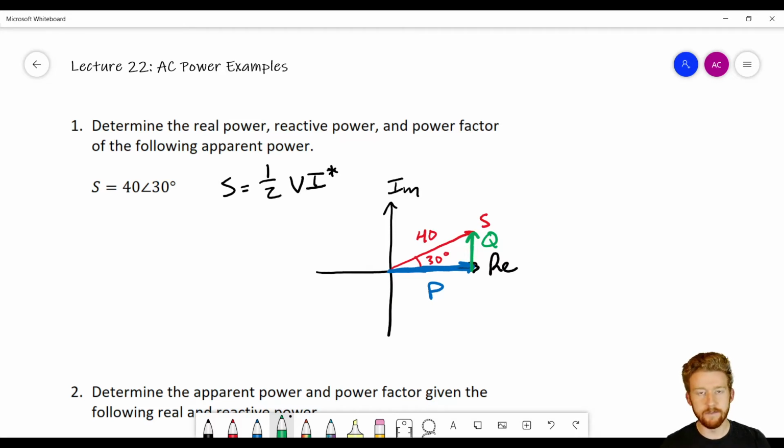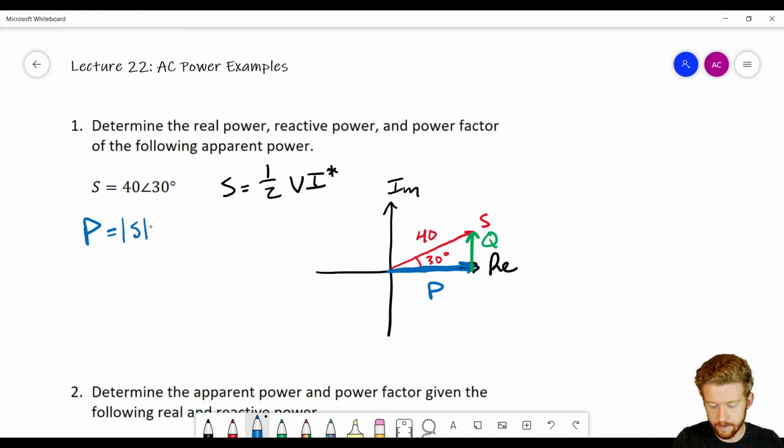So now instead of having to just memorize those complex formulas that we had, if we can just draw this power triangle, we can use those trig identities that you practiced in high school and that you should be pretty familiar with. So what we can do to find the real power, I'll use blue here. The real power is just going to be the magnitude of this apparent power, so the magnitude of S, times cosine of the angle 30.